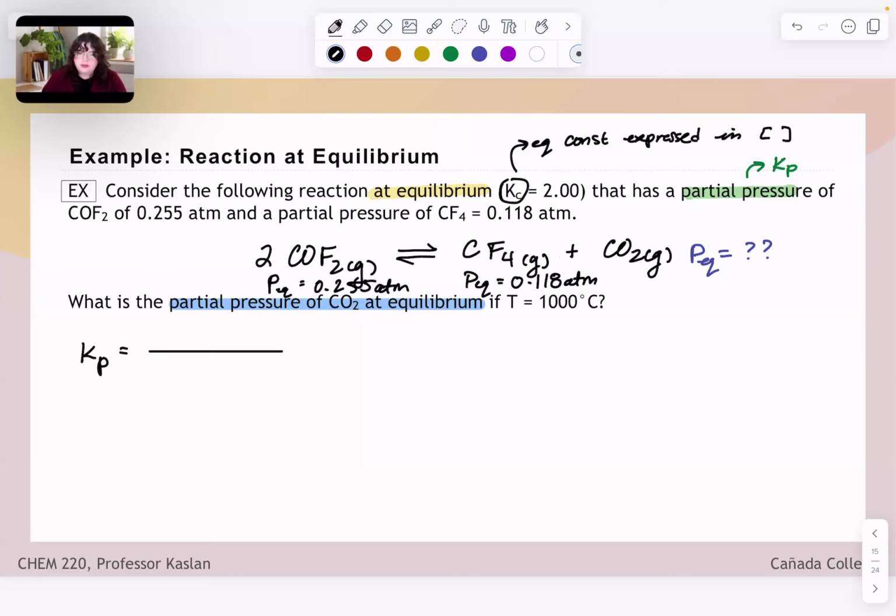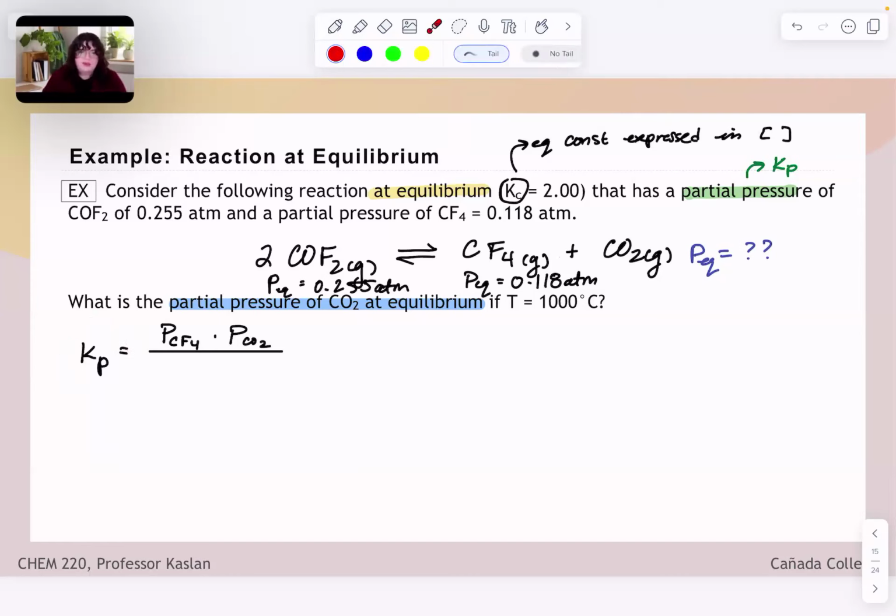So this is going to be the pressure of my products at equilibrium. Both of those are in the stoichiometric proportion of 1, meaning their coefficients are 1. So I've got the pressure of CF4 times the pressure of CO2, with the understanding that these have to be our equilibrium partial pressures if they are going to be expressed in our equilibrium constant.